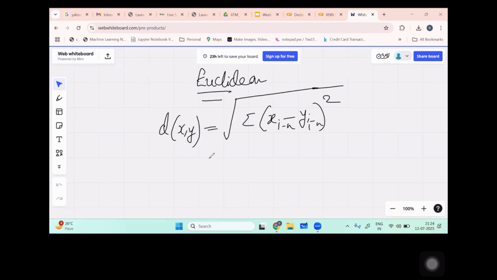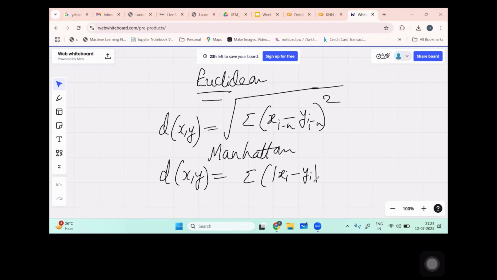There is the Manhattan method. In Manhattan, distance is calculated in an almost similar way. The only thing is, instead of squaring it, what we do is take the summation, remove the root, and take the mod values, like absolute values of xi minus yi. The objective is simple.